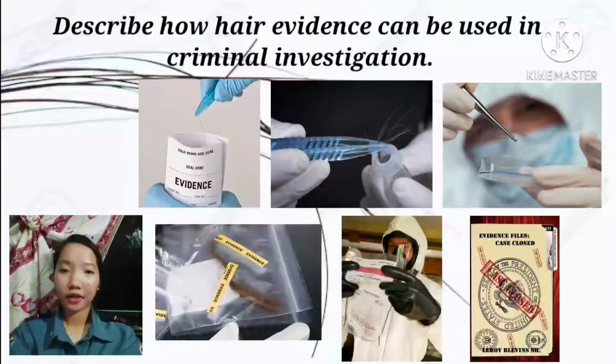Hair evidence can also show where in the body it was located, as well as the genetic information such as blood type or DNA.